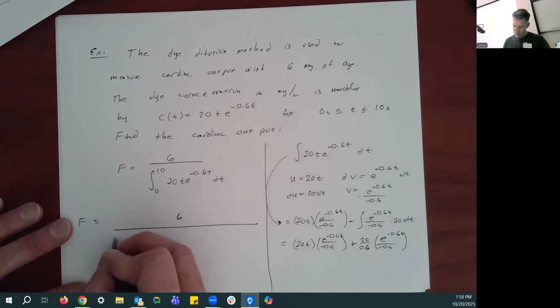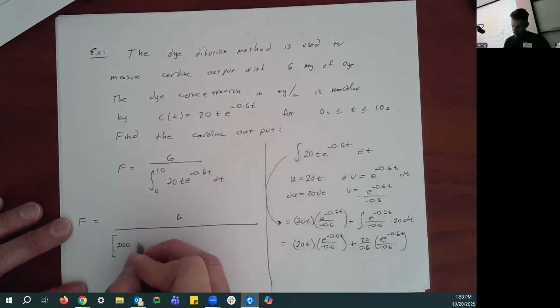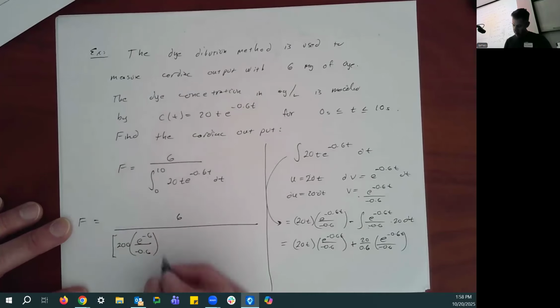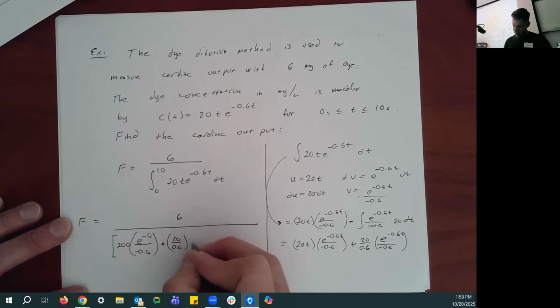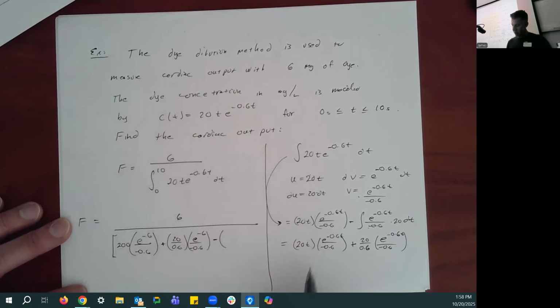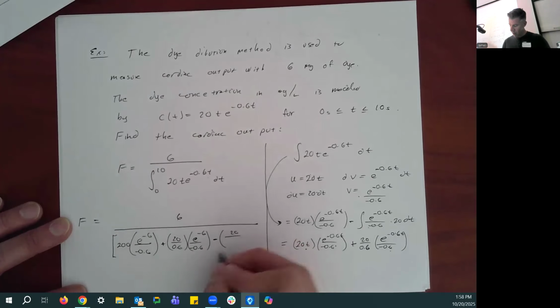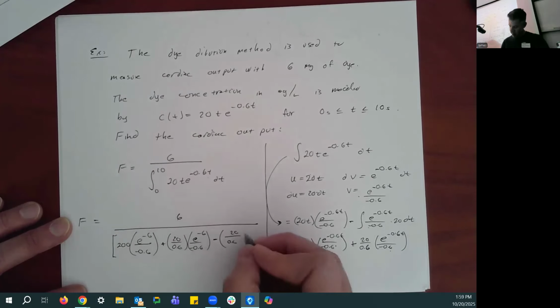Plugging in 10, I'm going to get 200 times e to the negative 6 divided by negative 0.6, plus 20 over 0.6 times e to the negative 6 divided by negative 0.6, minus, then we plug in 0 and we get 0 times whatever plus 20 over this times e to the 0 over that. So we're going to get 20 over 0.6 times 1 over negative 0.6.